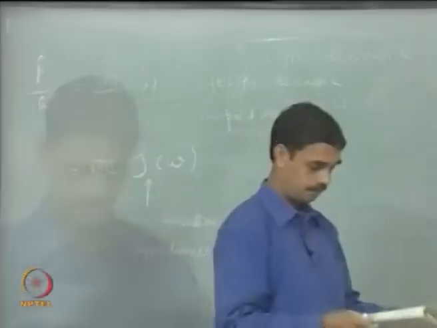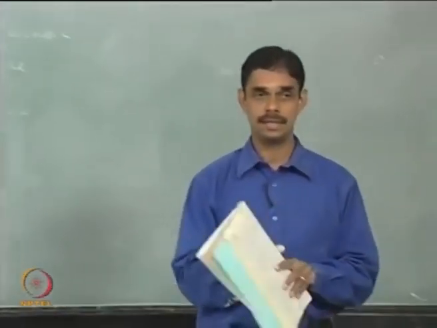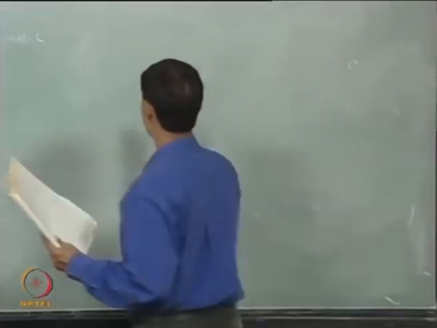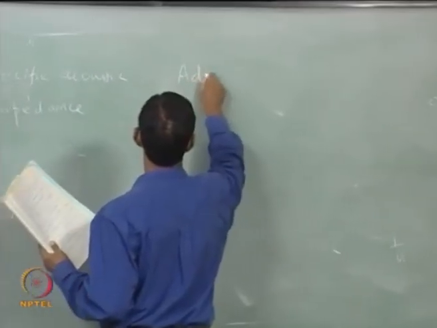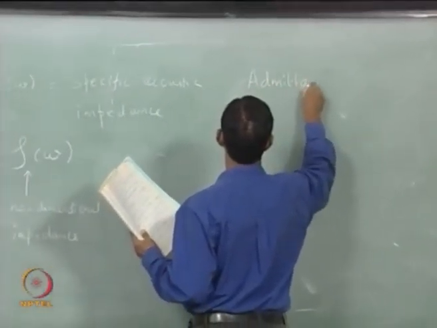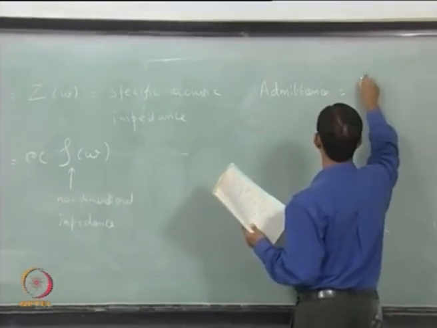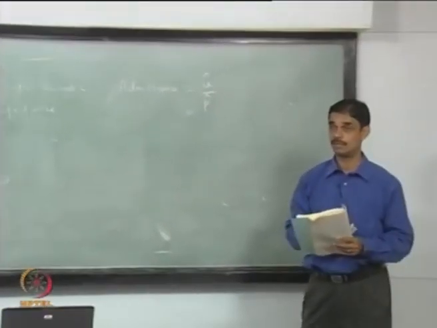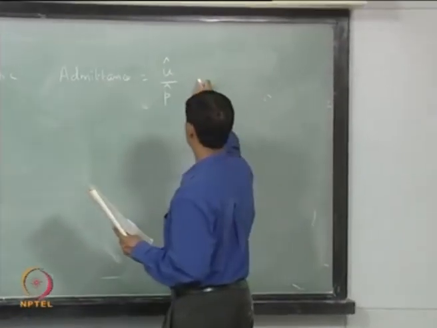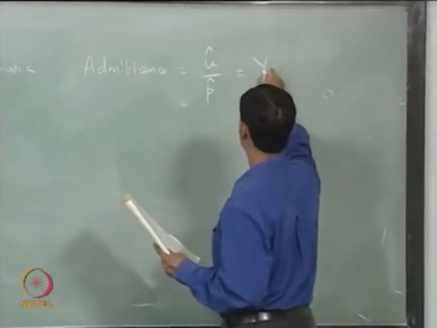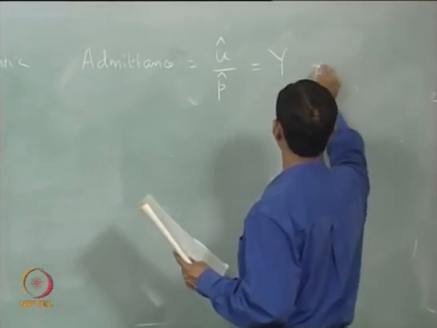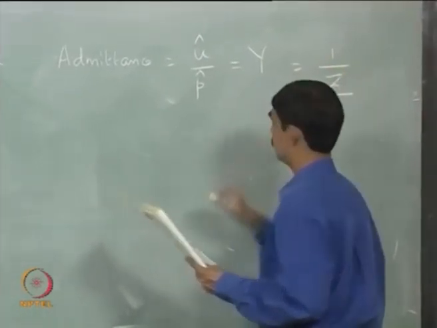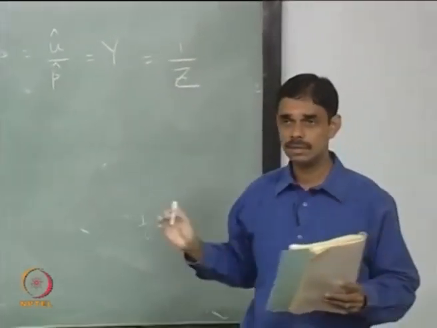We can also define a quantity called admittance, which is U hat over P hat. So this is like the reciprocal of impedance. Admittance is usually given by the symbol Y, which goes like 1 over Z, and this is similar to conductance.